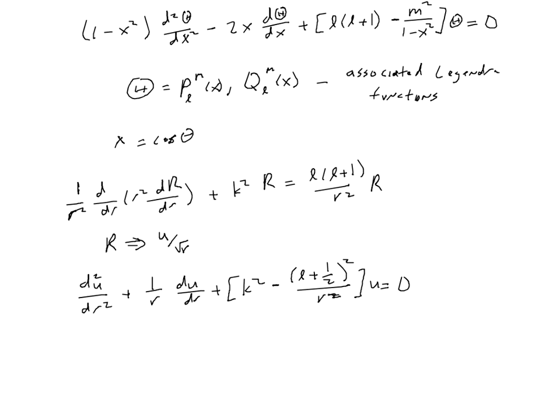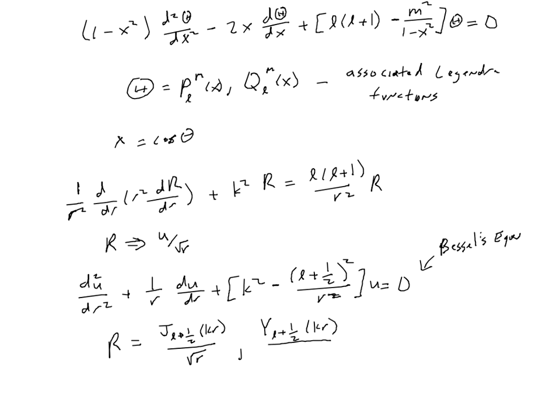And this is actually Bessel's equation. And so the solution to that is a Bessel function. R is equal to J of L plus 1/2 of kr over square root of r, or Y of L plus 1/2 of kr over square root of r.